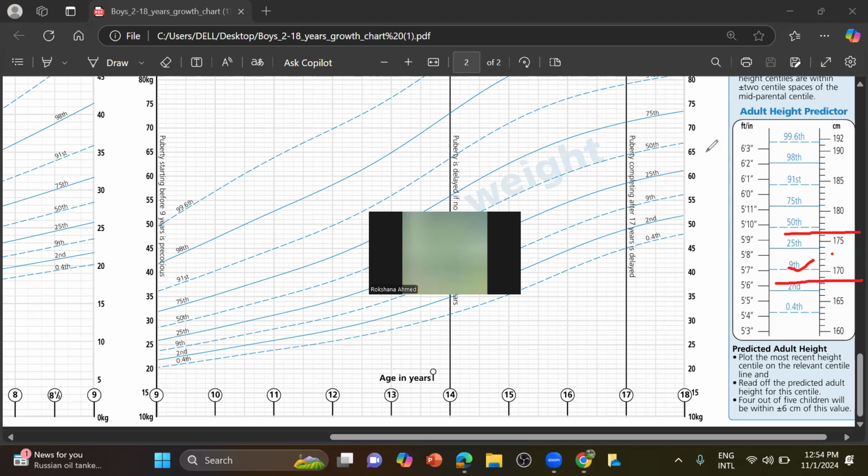And now I have answered how we can predict the adult height from the growth chart. What is MPH?